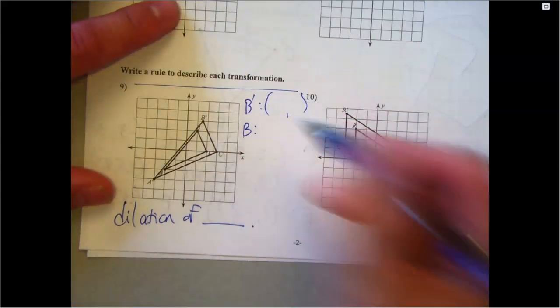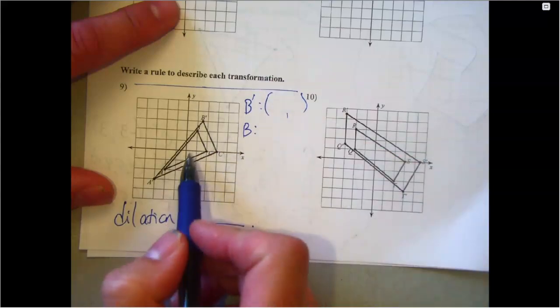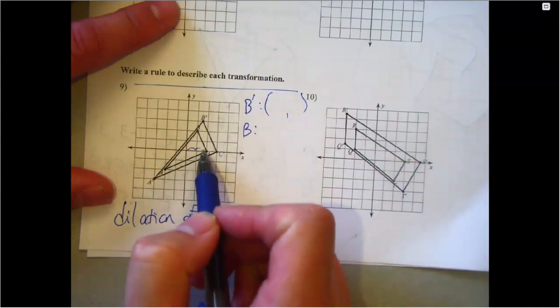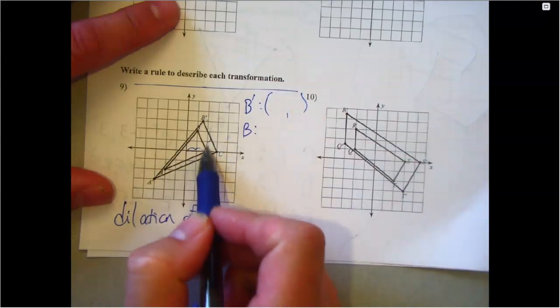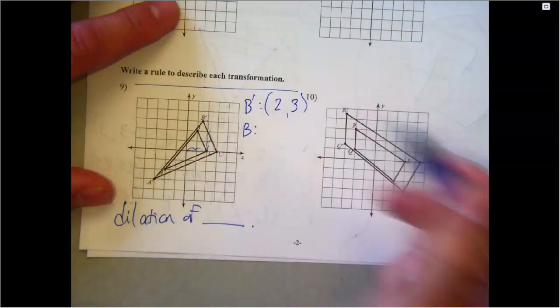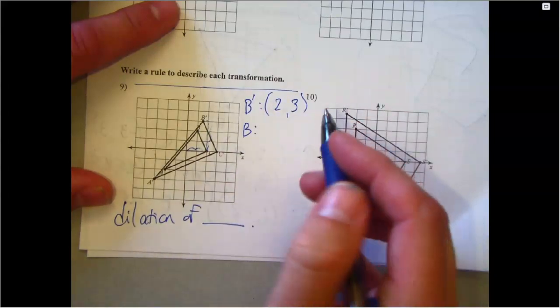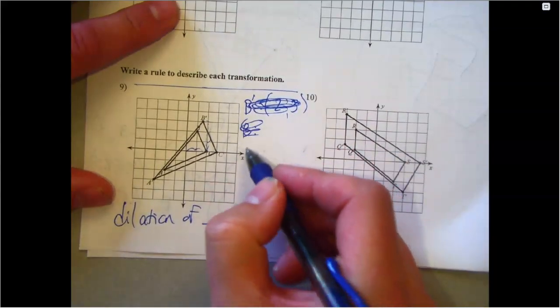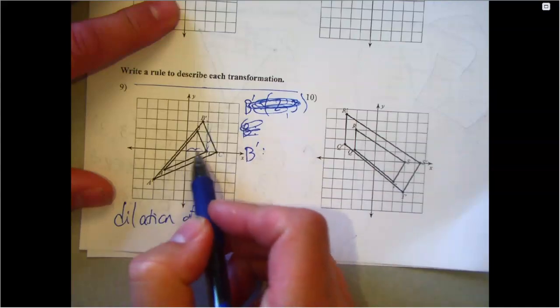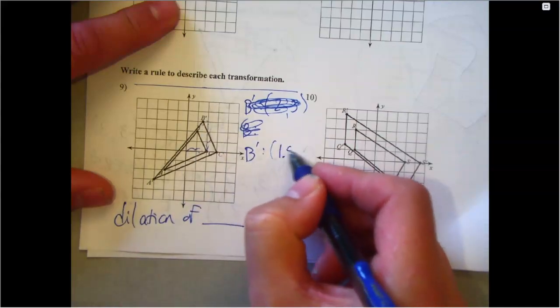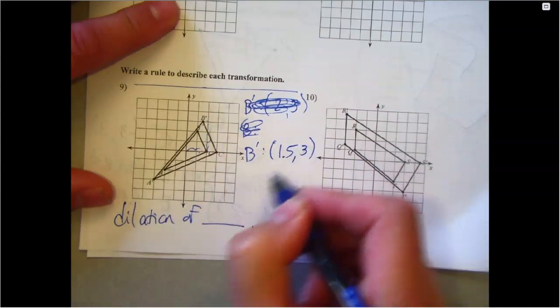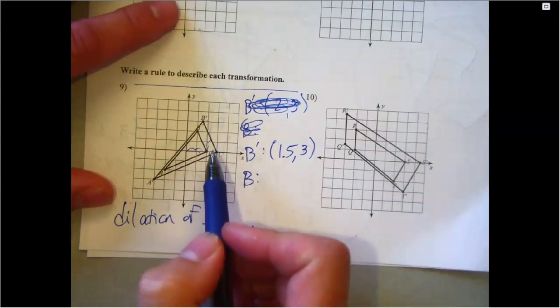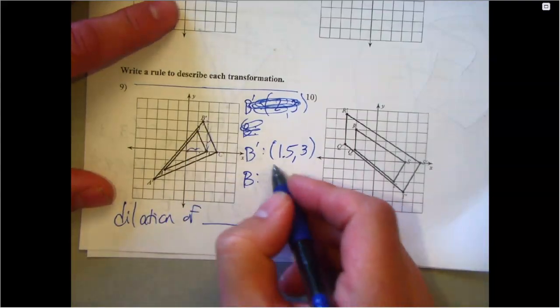So what are the coordinates of B prime? 1.5, 3 actually. You go to the right 1.5 and then up. And then B is 1, 2.